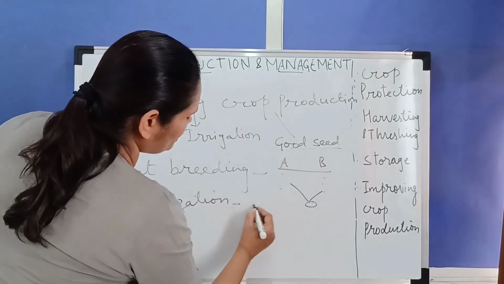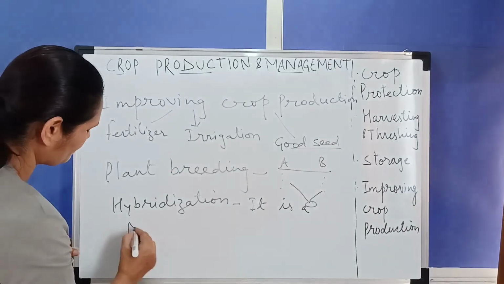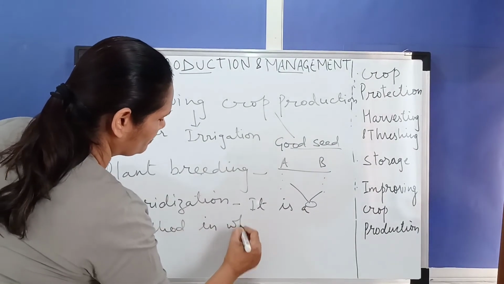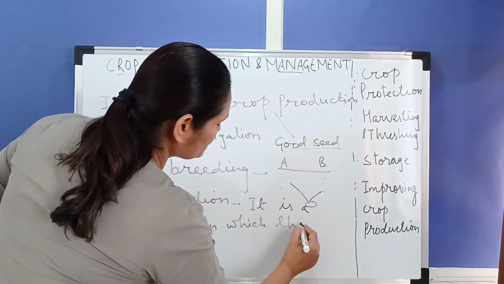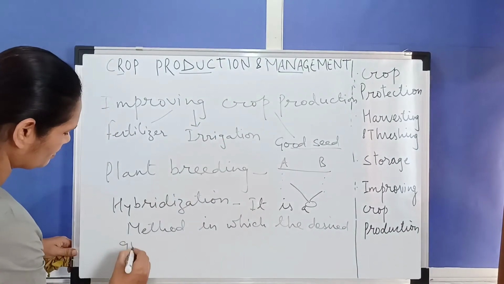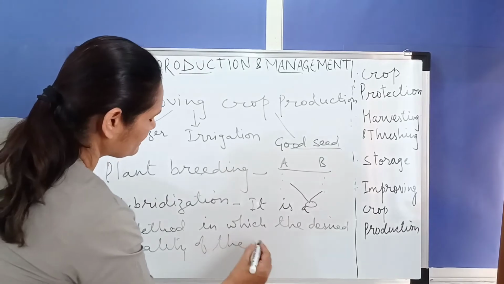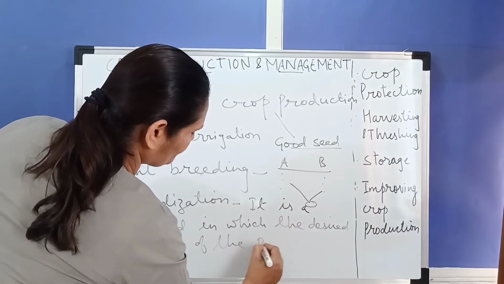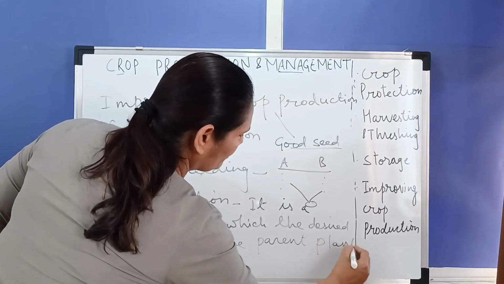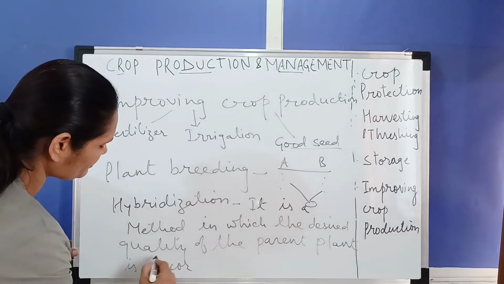Hybridization is a method in which the desired quality of the parent plant is incorporated into the offspring plant.